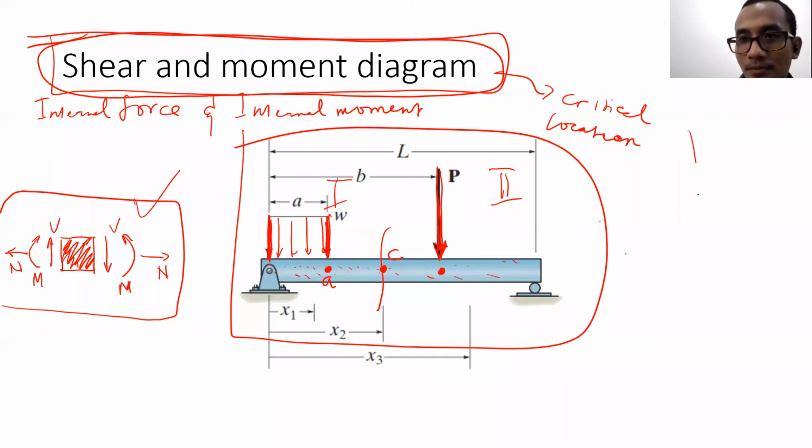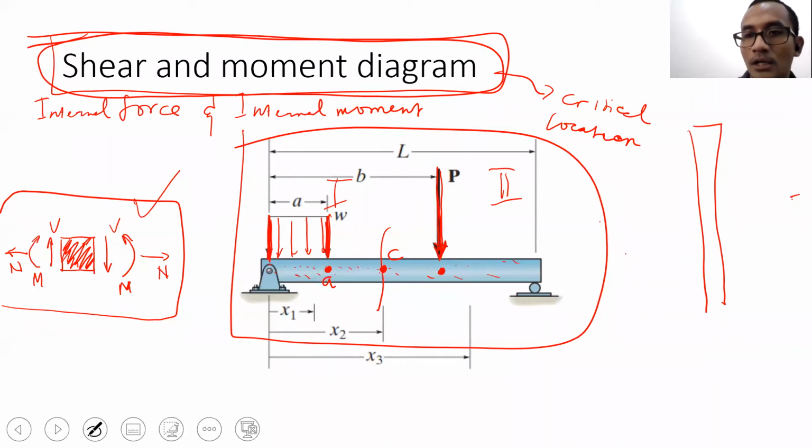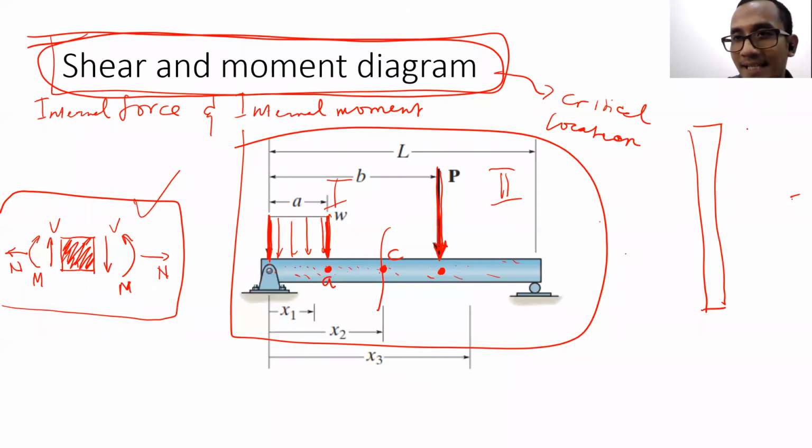But for vertical beams, what you can do is you can always assume the location of the imaginary upper parts and the lower parts.